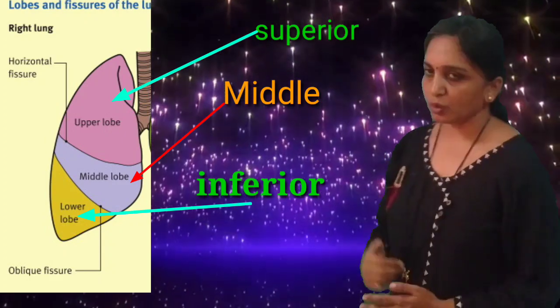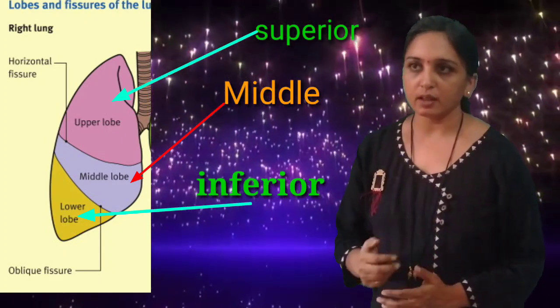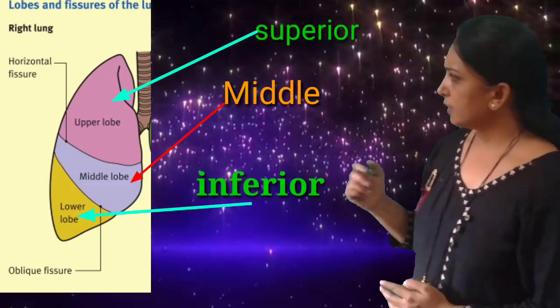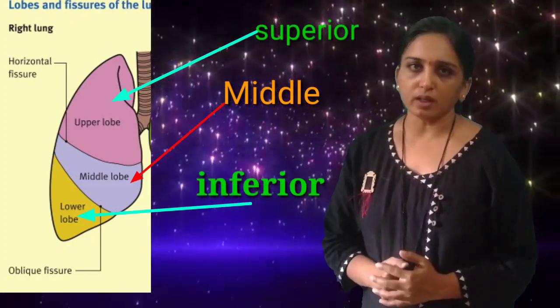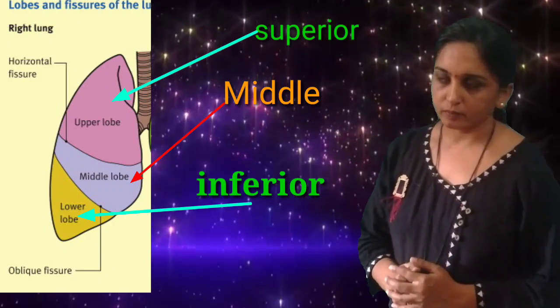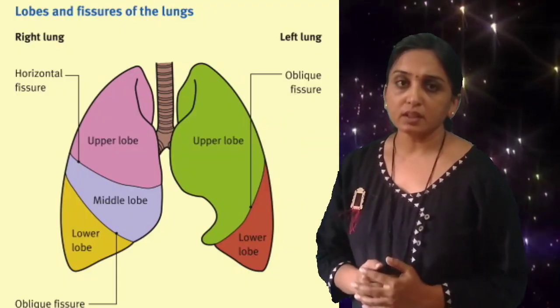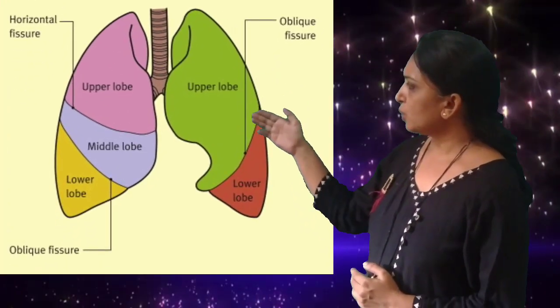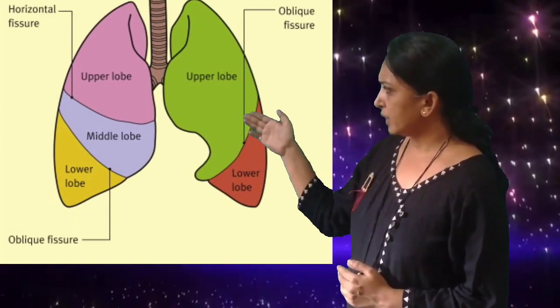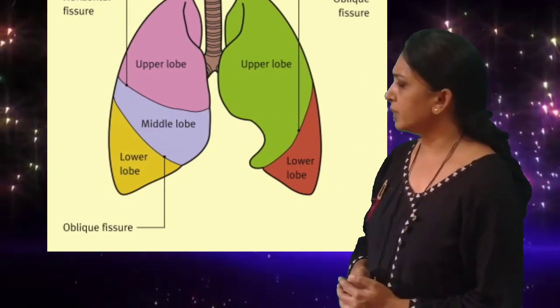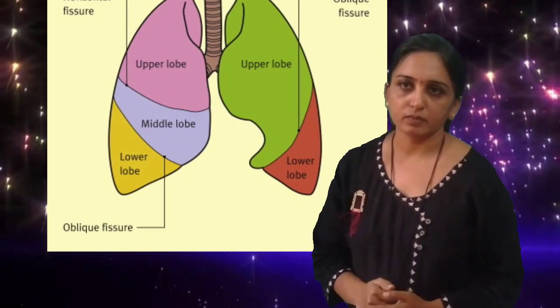The superior lobe is also called as upper lobe, and the inferior lobe is also called as lower lobe. The left lung is divided into two lobes, that is superior and inferior, that is upper and lower.